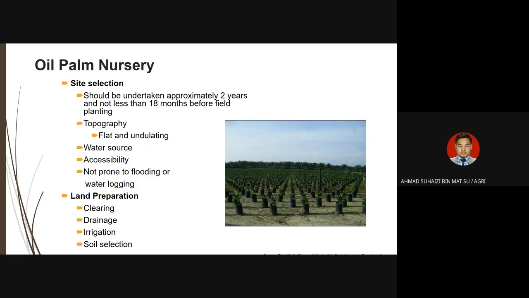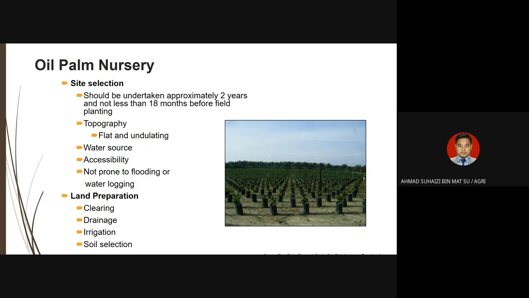For the seedling, the site requirement is relatively flat or slightly undulating, to make sure there is no flooding, especially during heavy monsoon rain. For the nursery, water source and accessibility are very critical issues.